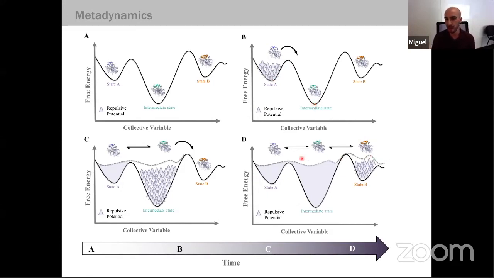But once you are in the diffusive region, you put Gaussian potentials more or less equally, so the difference in energy between these two states remains constant. This is what guides us to decide where the simulation is converged.